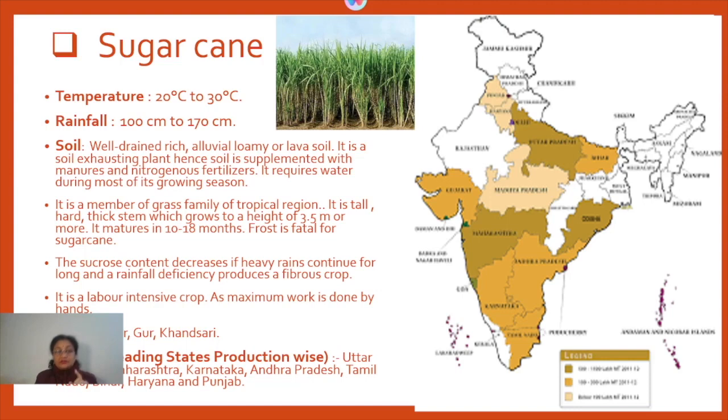The big reason is heavy rainfall, and the water also remains over the surface of the soil for a long time, which is harmful for this crop. This is why sugarcane cultivation is mainly focused in the central and western part of the northern plains, and the northern half of the peninsular region.